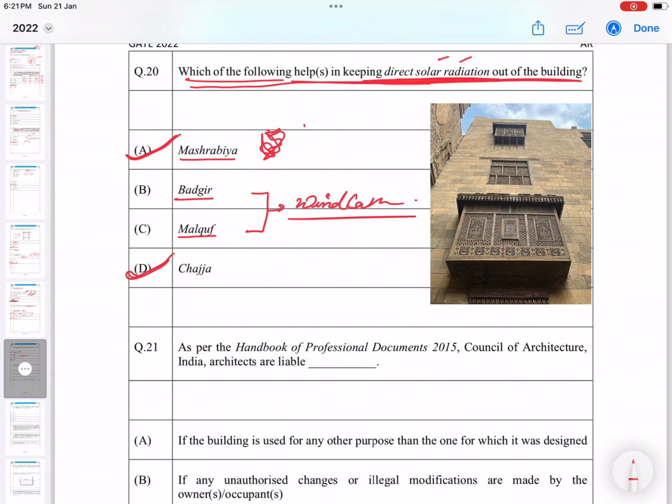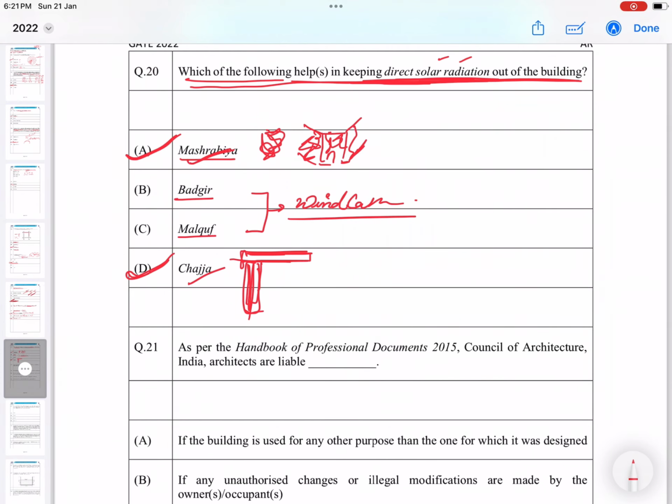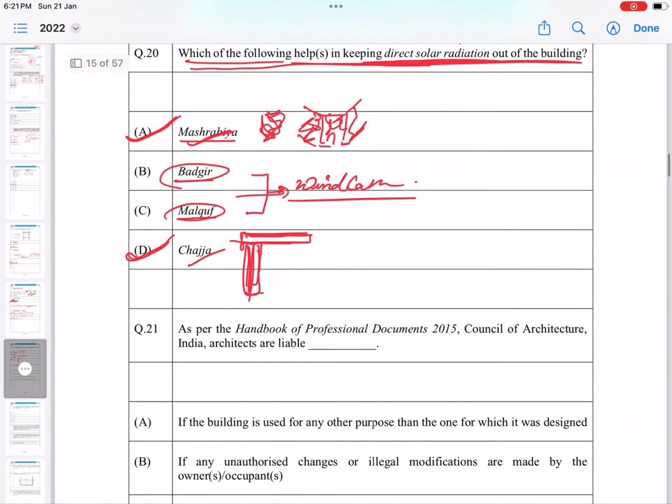This is a beautiful lattice work window, and it looks like this. There is lattice work, a small window here, and this is the lattice work. You can even see it in the picture, my diagrams are not that clear. And Chhajja, we all know it is a sun shading device. Chhajja is like this. So the answer is Chhajja and Mashrabiya. Both Badgir and Malqaf are wind catchers, one in Iran and one in Egypt.